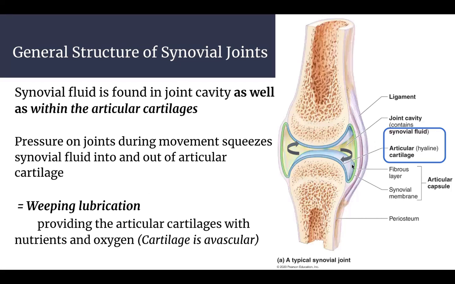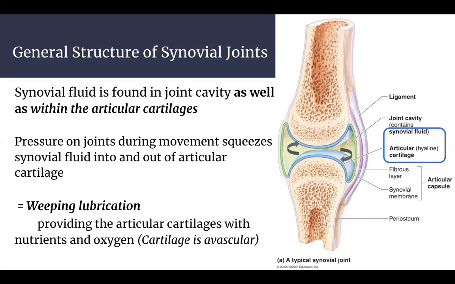Now, once that fluid is produced by the synovial membrane, the fluid is not only found in this joint cavity, it also perfuses into the articular cartilages at the end. So remember that cartilage isn't vascularized.